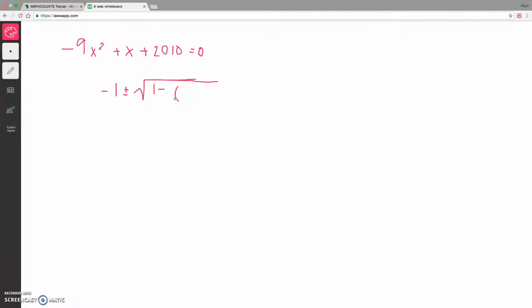I got my calc here. 4 times negative 9 times 2010, that's negative 72,360. Okay, so that makes it add. Double negatives cross out. And then over 2a, which is negative 18.